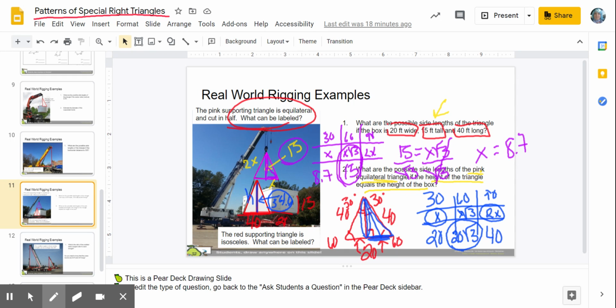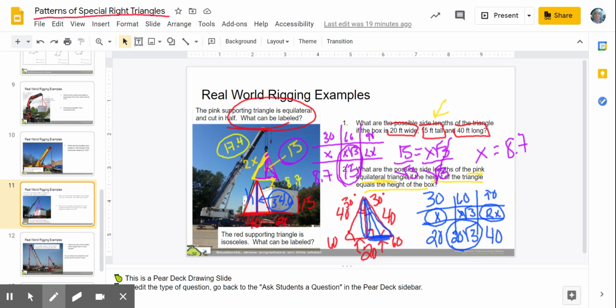So what's the whole length? If x equals 8.7, what's the whole side of the triangle? Love it. That's the hypotenuse.